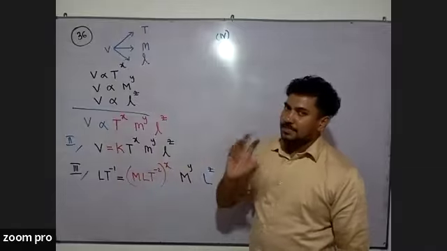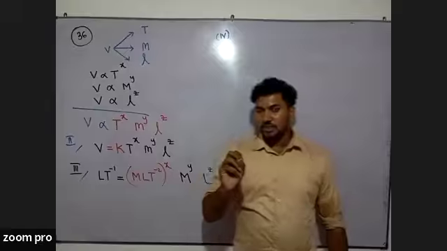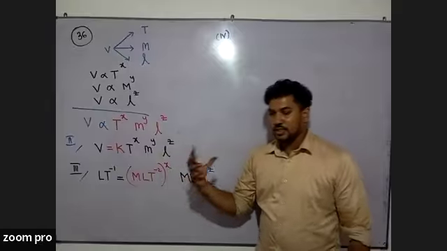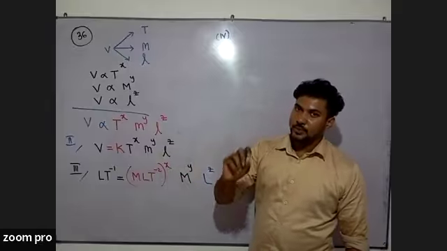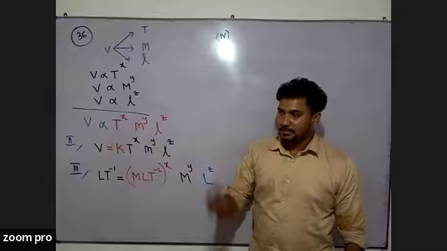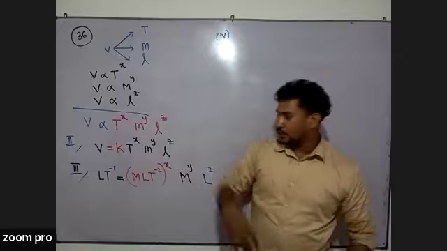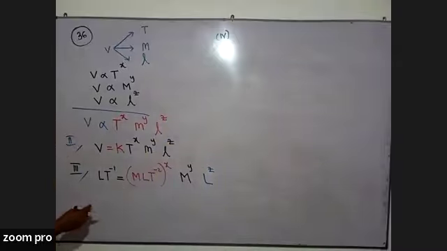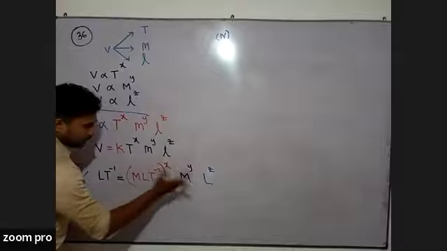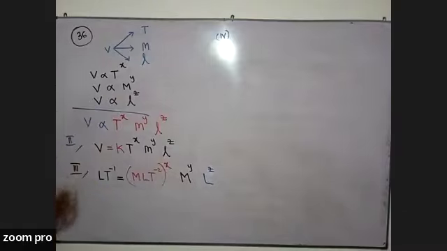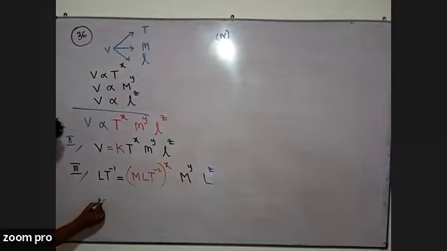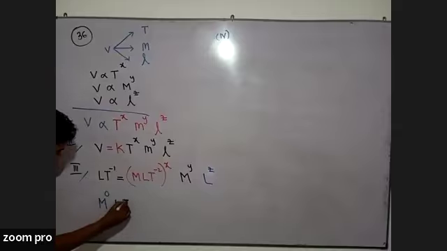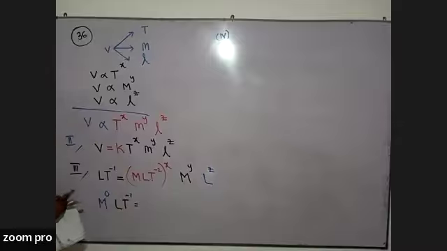So if a dimension is absent from the expression, you can substitute it as M to the power 0, right? Here M is on the right side but absent on the left side, so instead of M, I can write M to the power 0, L T to the minus 1.